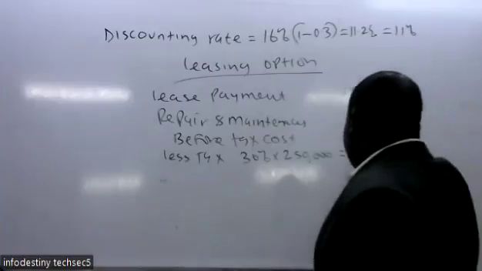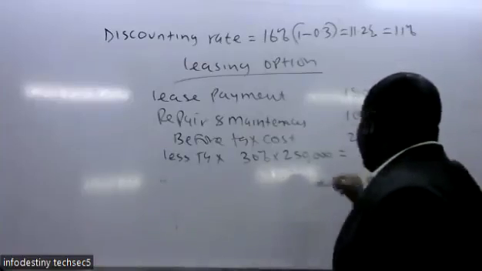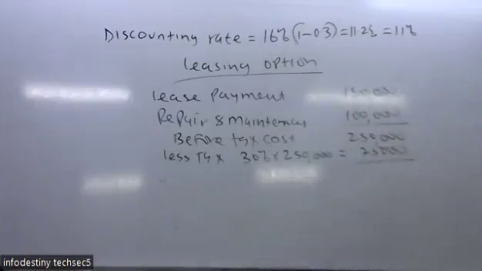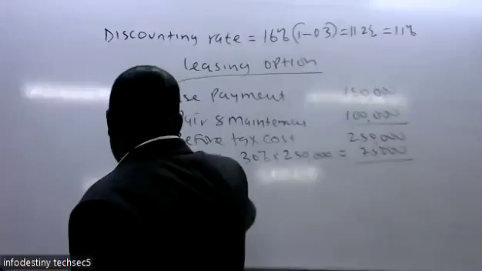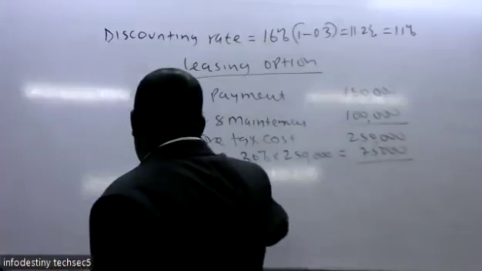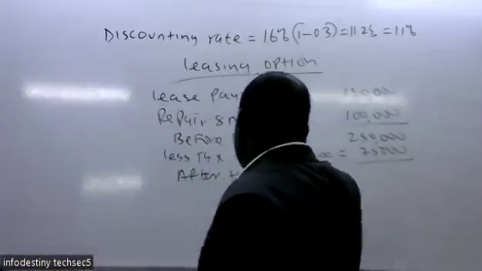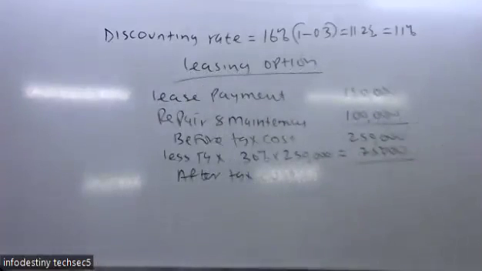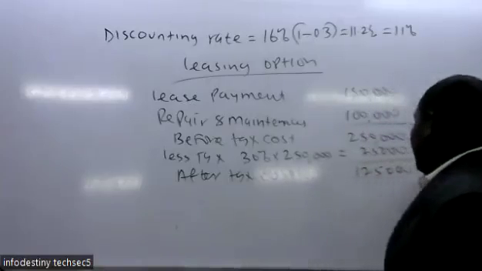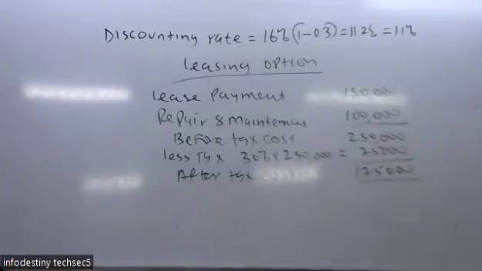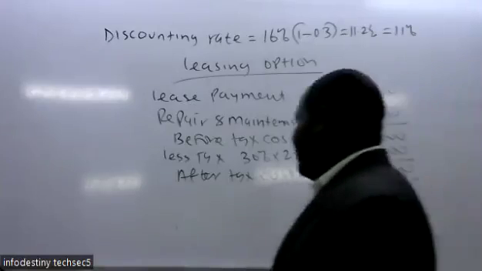It's 75. So when you minus, we now get the after tax costs. After tax cost should be 175.